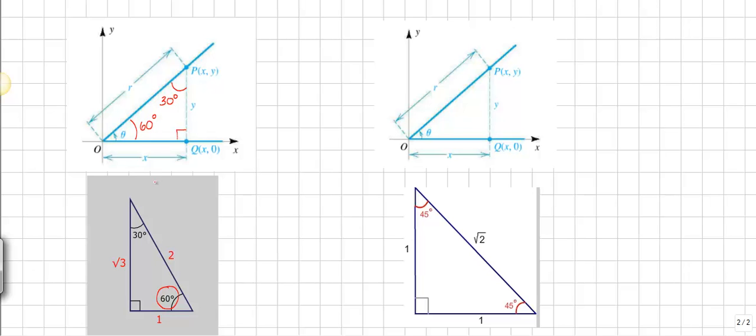In my 30, 60, 90 right triangle that we derived in the earlier lesson, we see that whatever we choose the hypotenuse to be of the triangle, the side adjacent 60 is exactly half of that value, and the Pythagorean theorem gives us the third side. So notice that if I place that special triangle and I place 60 degrees in standard position, the point that I generate is 1, root 3, and my r value is 2.